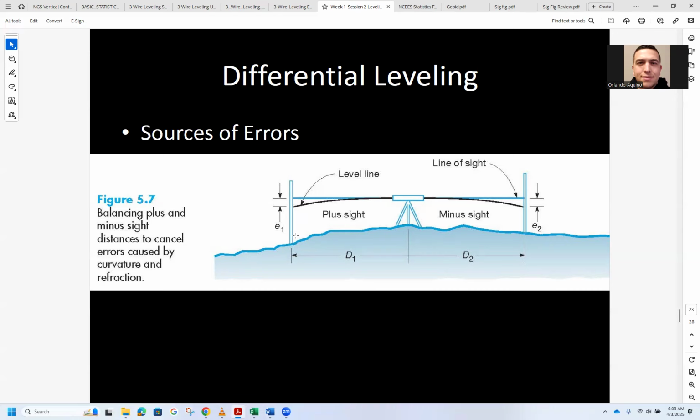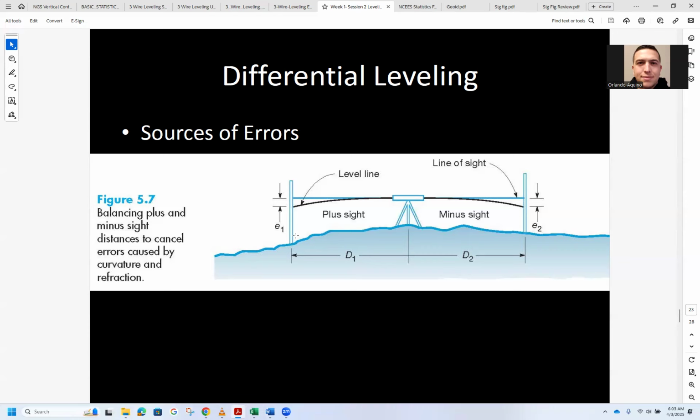This condition exists if after leveling the instrument, its line of sight is not horizontal. For example, suppose in figure 5.7 the line of sight is systematically directed below horizontal, an error E1 results in the plus sight. But if D1 and D2 are made equal, an error E2 equal to E1 will result on the minus sight and the two will cancel, thus eliminating the effect of instrumental error.